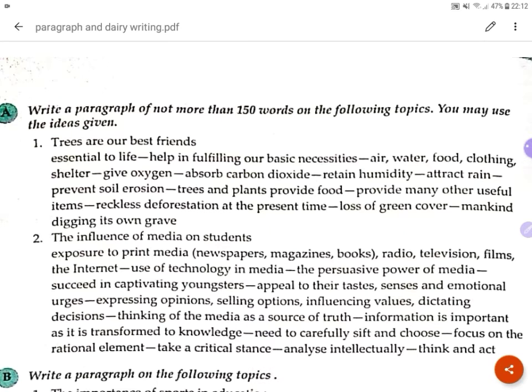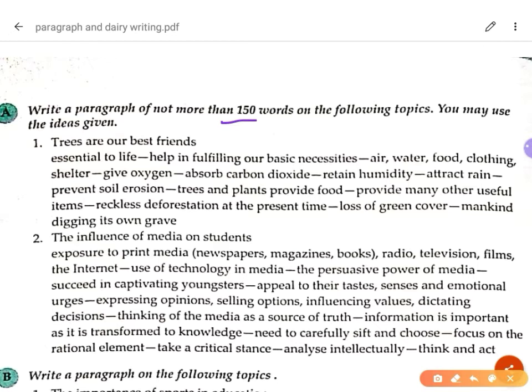So you'll have to put words in between these hints, connect them all with each other, and write a paragraph of not more than 150 words. You'll have to keep that in your mind. I hope you are all familiar with paragraph writing, and you'll do it with ease, right?